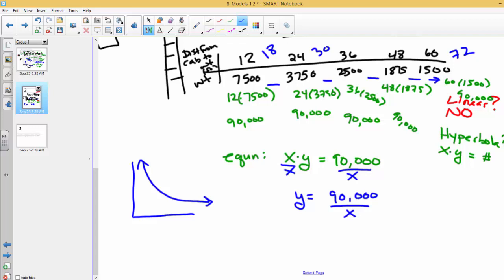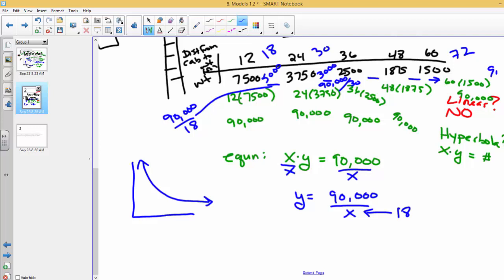Okay, so if 18 is our x value, 18 would go in for x. So 90,000 divided by 18 is 5,000. Again, we do the same thing with 30. This would be 90,000 divided by 30. You'd get 3,000.